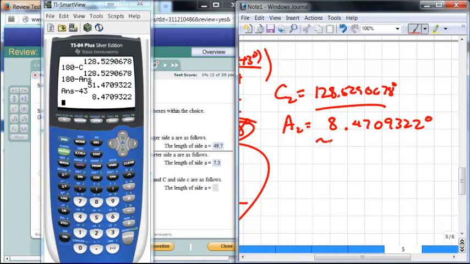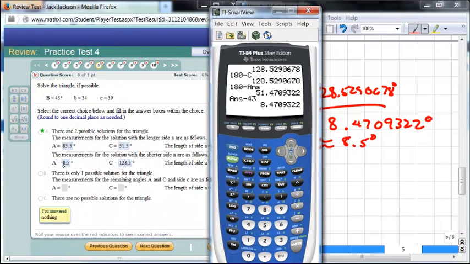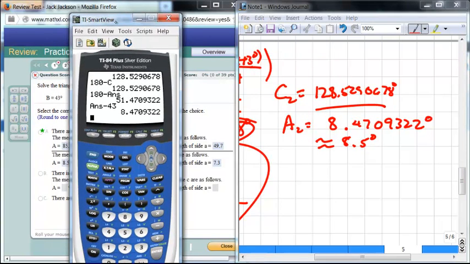So about 8.5 degrees. Okay, and that's the angle A that we see here for our second possibility.